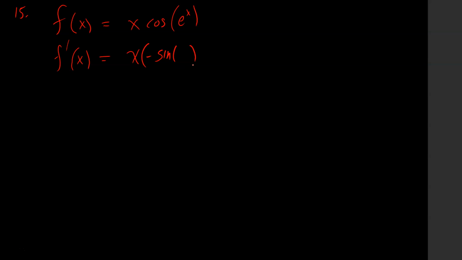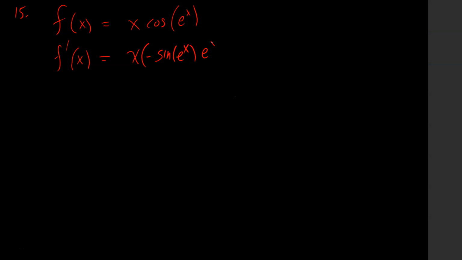What are we on? 15. F of x is x cosine of e to the x. Product rule first. The derivative of a product of two functions is the first function times the derivative of the second function. The derivative of cosine of something is negative sine of that something.